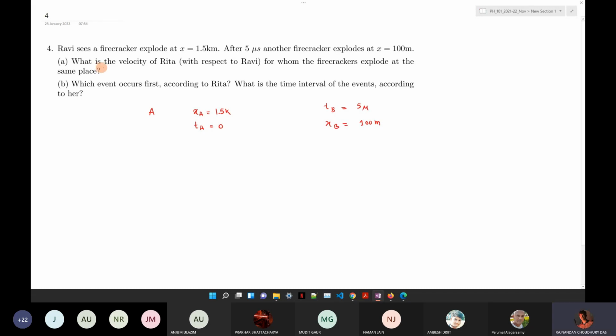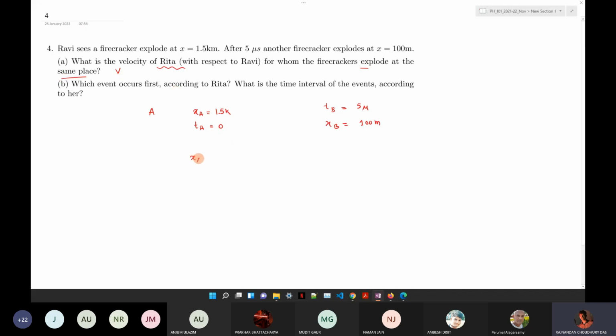Now, what is the velocity of Rita with respect to Ravi for whom the firecracker explodes at the same place? Suppose Rita is having some speed v. We do not know if she is going away from Ravi or towards Ravi. Now we are given that they explode at the same place.